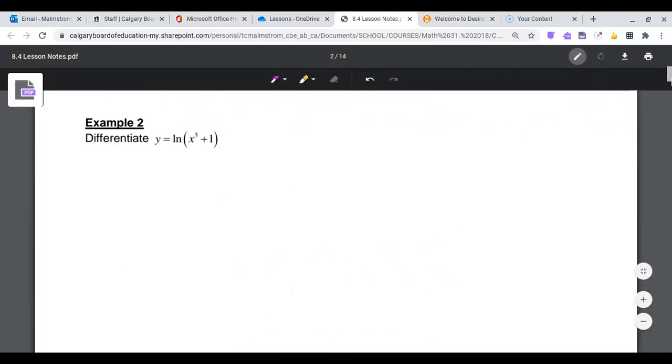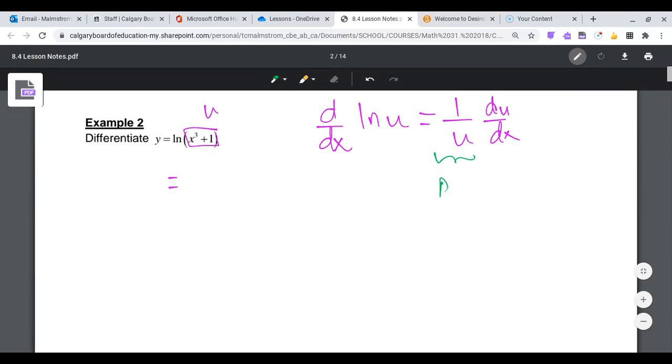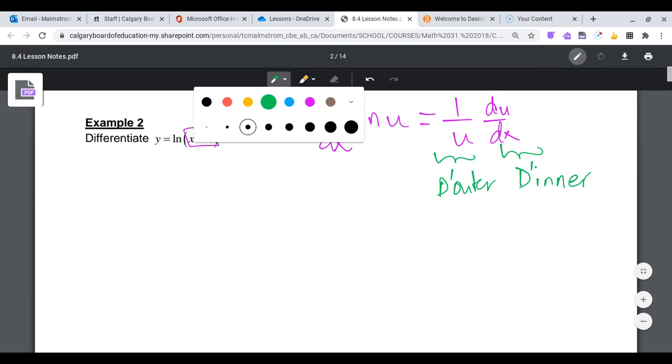So this is your u piece. The derivative of ln u is equal to 1 on u du dx. So this is d outer, d inner. Don't forget your d inner.